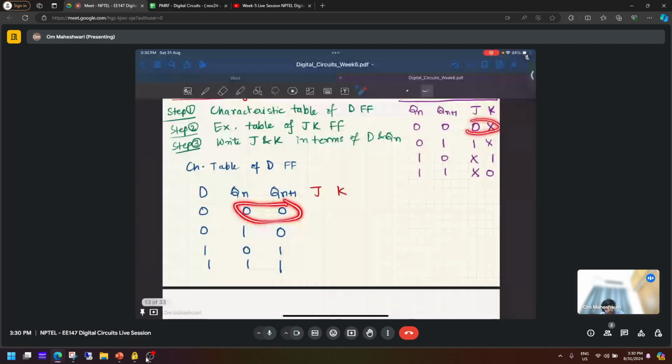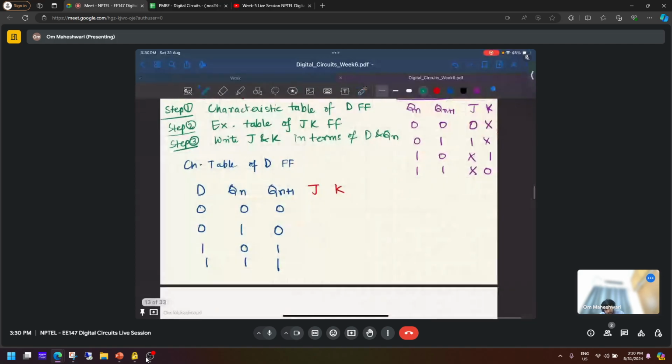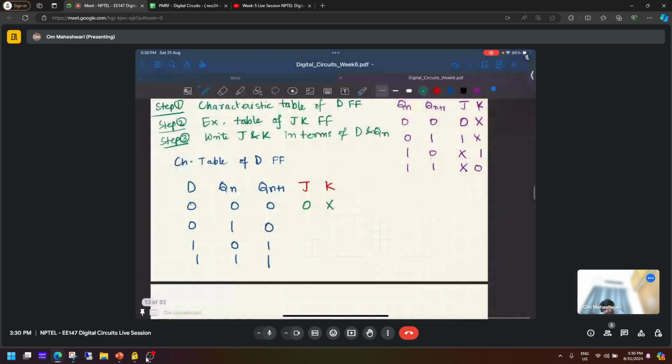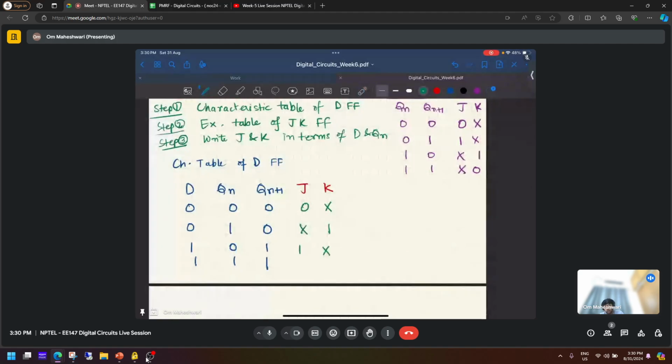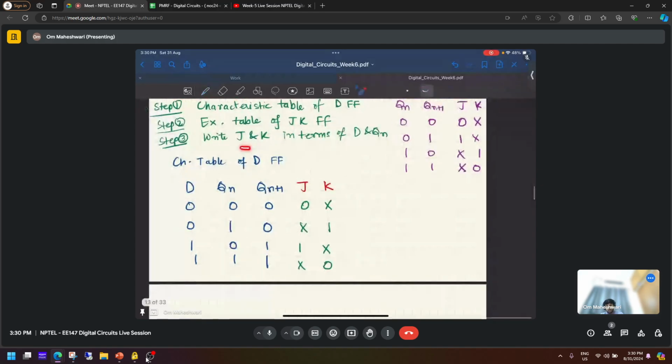When it is 1, 0, it is cross 1. This is 1 cross, and this is cross 0. Now to write J and K in terms of D and Qn, you can make K maps, right? You make two K maps, one for J and one for K.